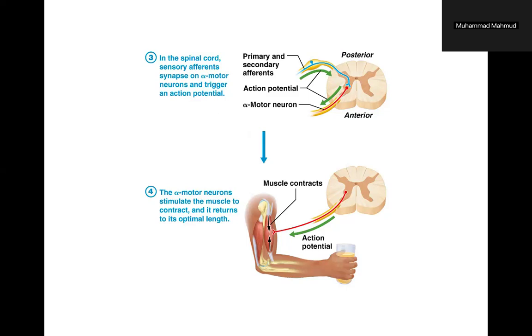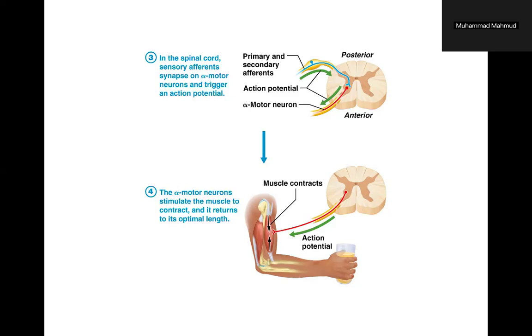So when the force is applied, the muscle will be stretched, and that information goes to the spinal cord. The spinal cord is going to send another nerve, a motor nerve, to the muscle, making it contract so that you are not going to spill the water. You're holding this glass of water at the same place.